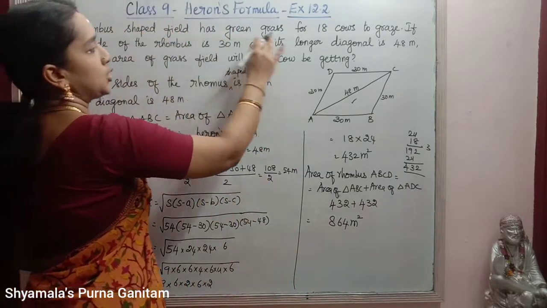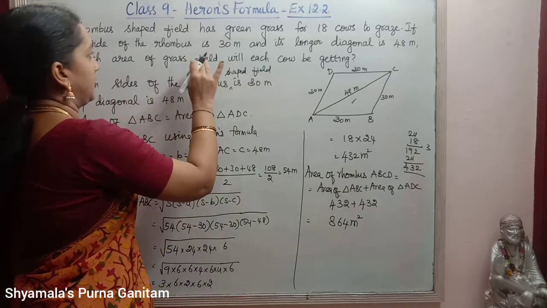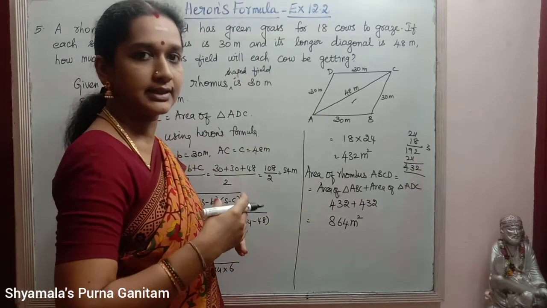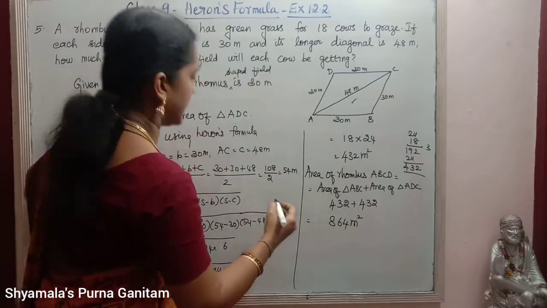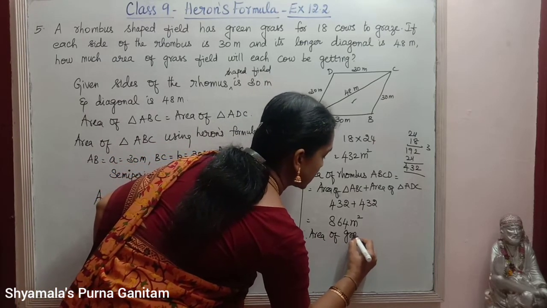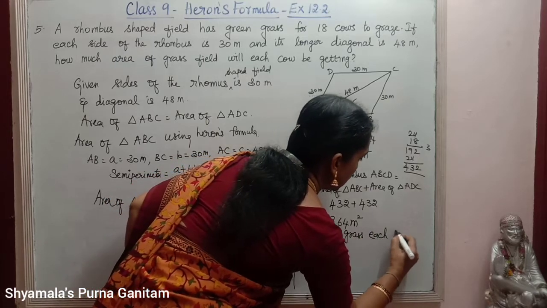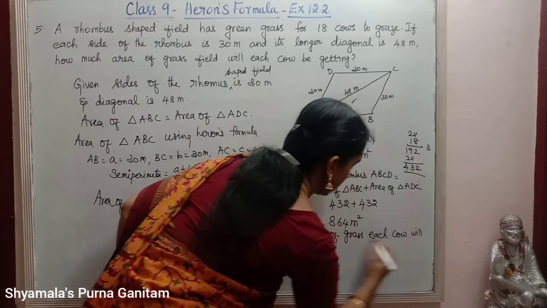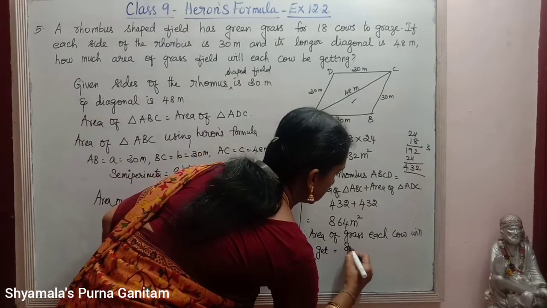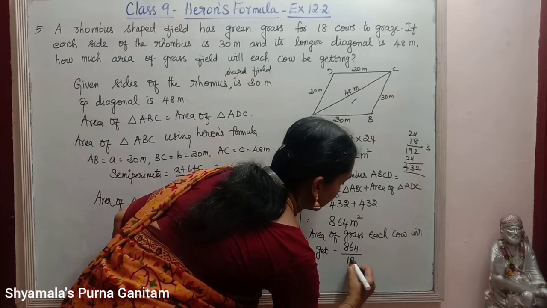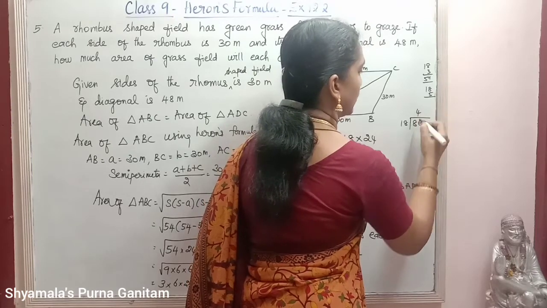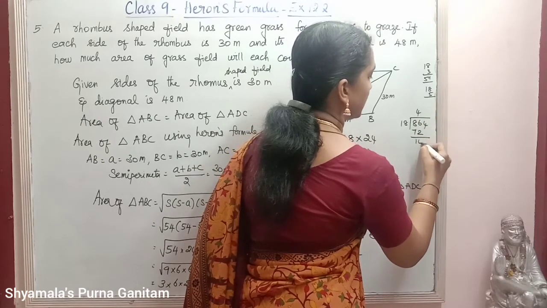Now we are asked to find the area of the grass field each cow will get for grazing. Area of grass each cow will get is equal to 864 divided by 18. 4 times 18 is 72, the remainder is 14.